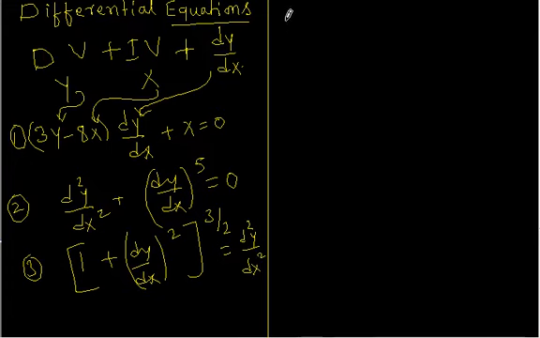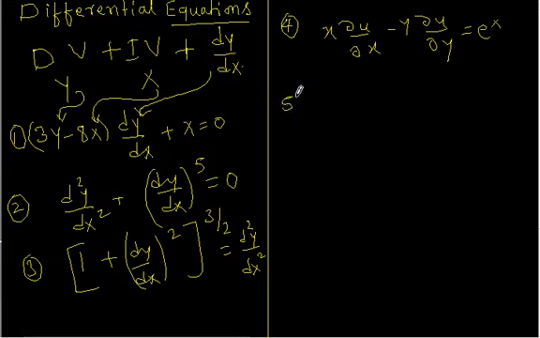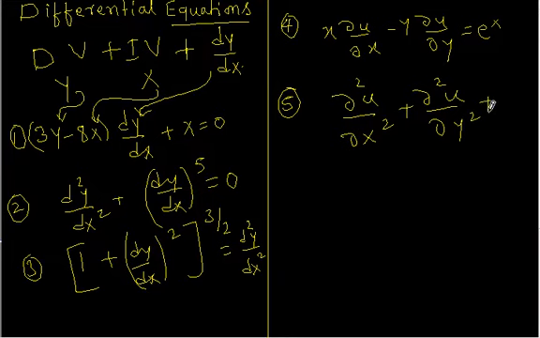And one more, x dou u over dou x minus y dou u over dou y is equal to e power x, and 5 dou square u over dou x square plus dou square u over dou y square plus something y is equal to something cosine of x, like that.